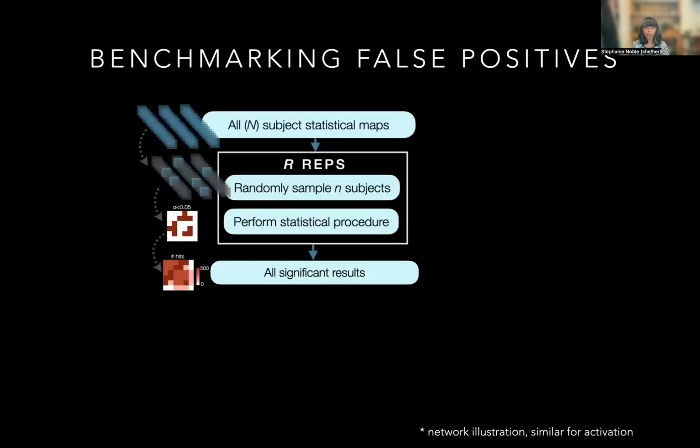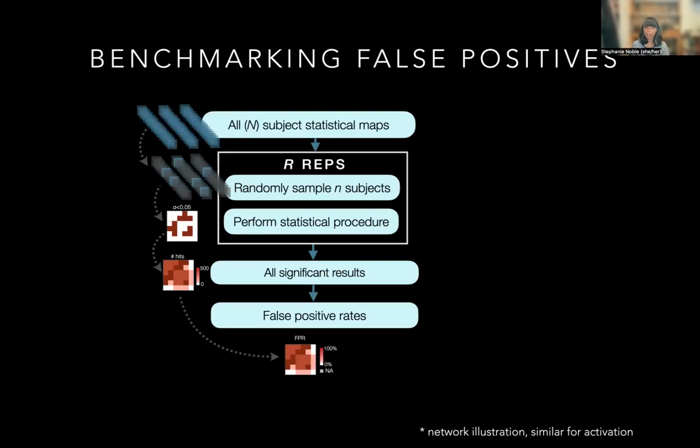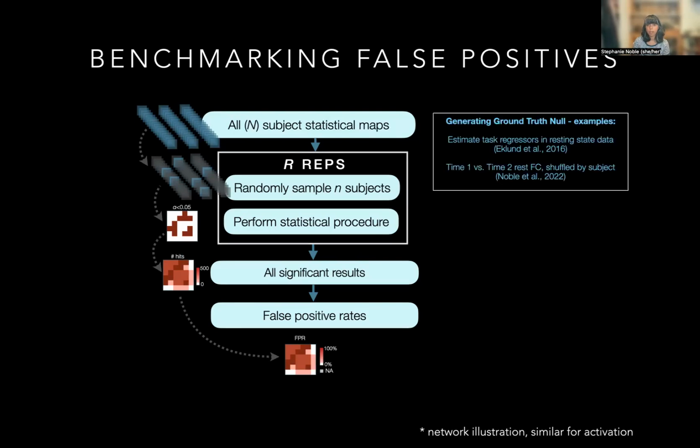At that point, we'll then aggregate all significant effects, and anywhere we got a significant effect, we can call this a false positive, because we actually know that the ground truth is null. And that's an important point, how we actually generate our ground truth null. So Eklund and colleagues were, I think, one of the first really major examples of this in the field.